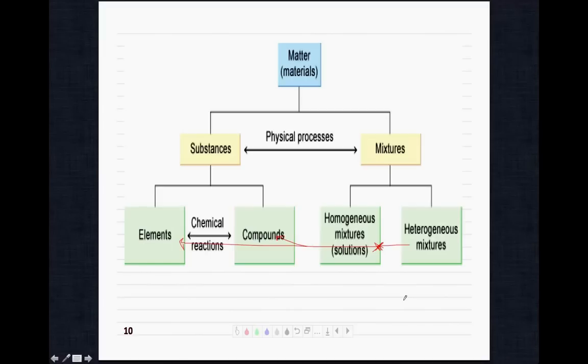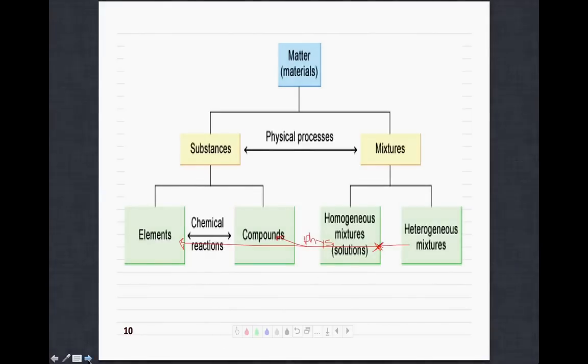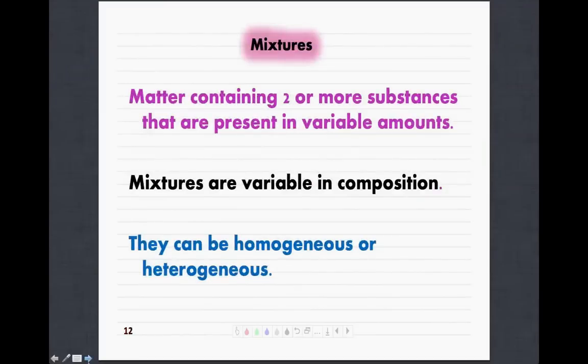To go from a heterogeneous or homogeneous to pure matter, it's always a physical process. Now, when we do any physical separation, yes?